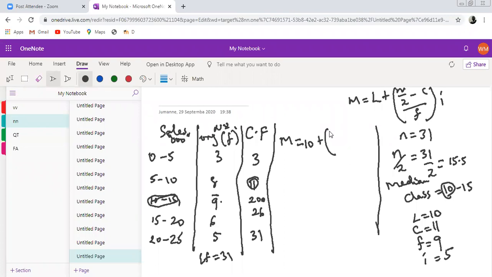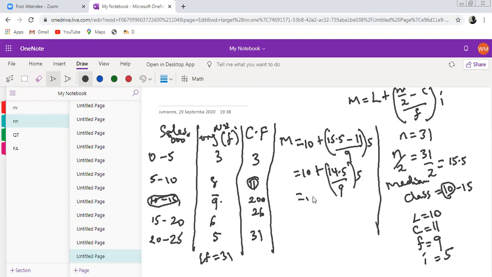N is 31 over 2, which we calculated here to be 15.5, minus C, which is 11, over F, which is 9. Then we multiply by 5, which is our I. So you will find that this is going to be 10 plus 15.5 minus 11, which is 4.5, over 9. Then here we need to multiply this part by 5.